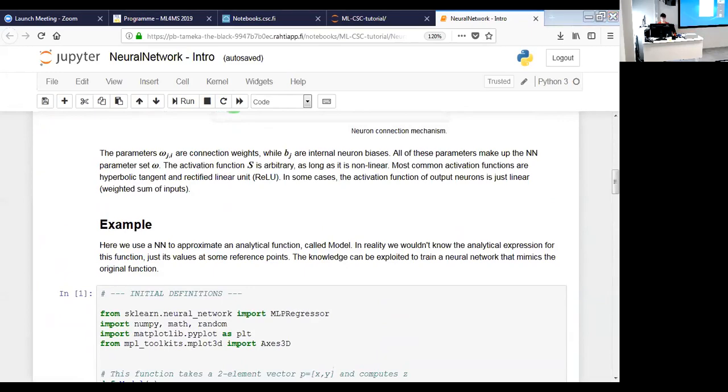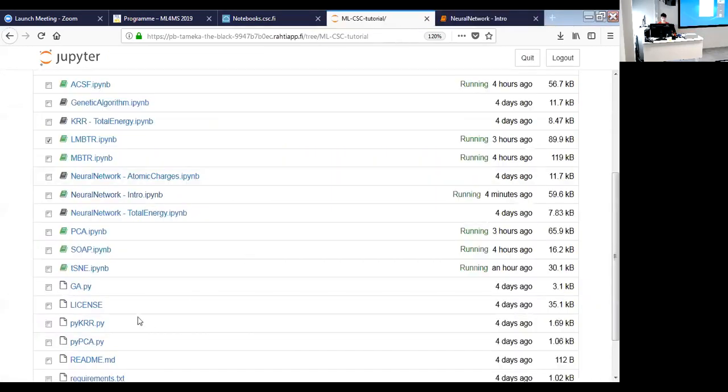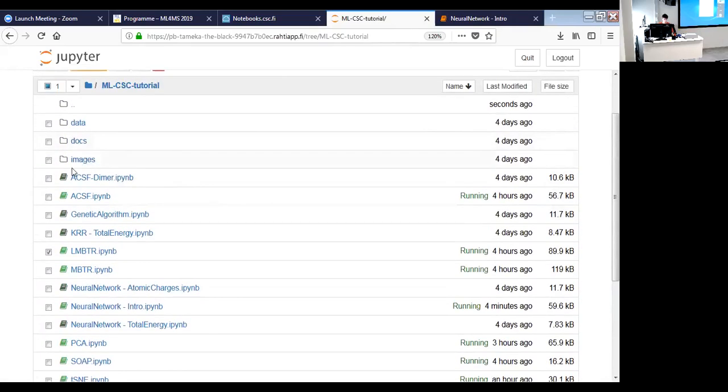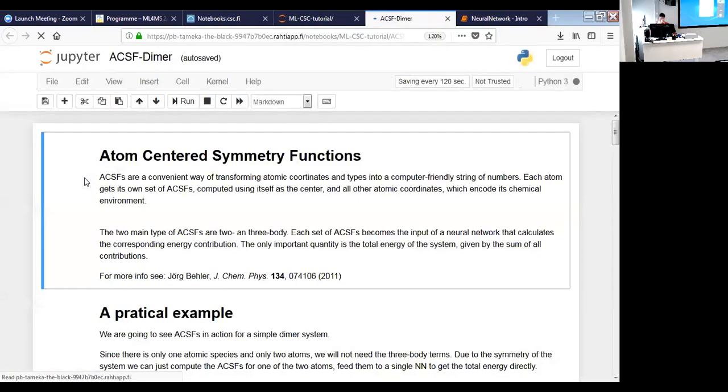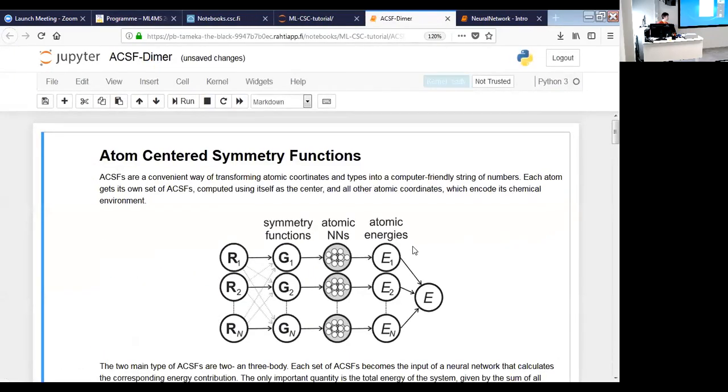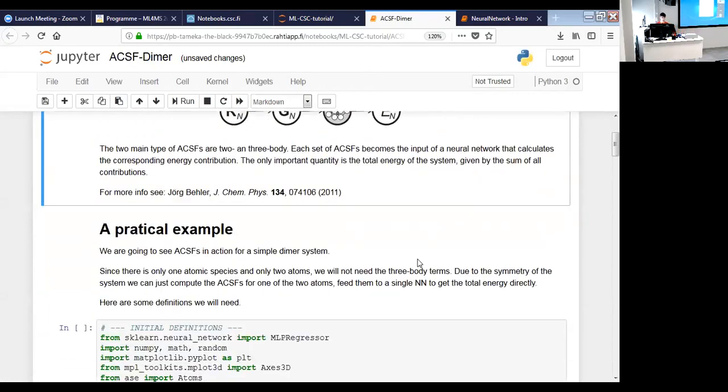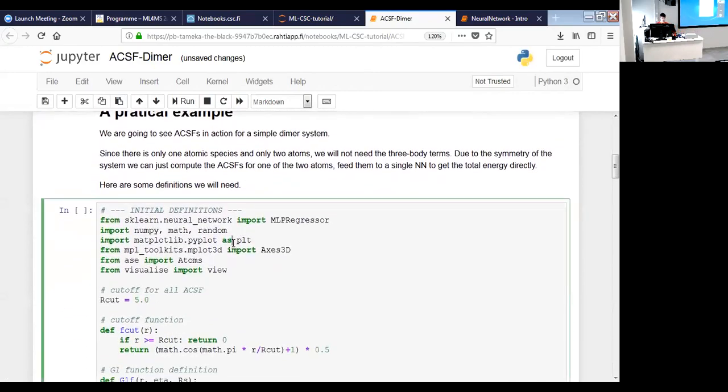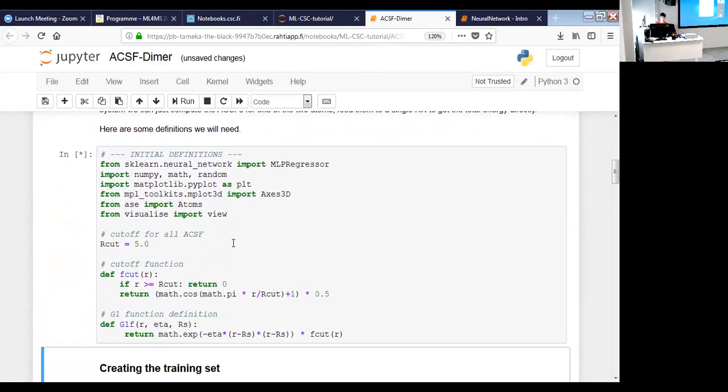But now we are going to see it in action. We are going to use this neural network with atom-centered symmetry functions for a dimer. So we're going to use atom-centered symmetry functions and try to fit a potential for just 2 atoms. First of all, we define the cutoff function and G1.